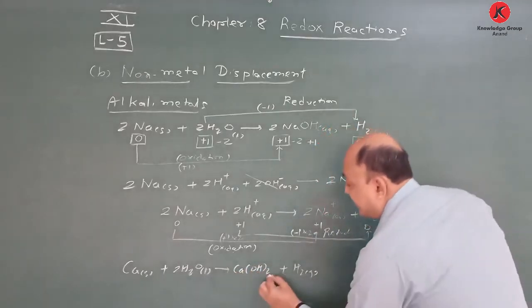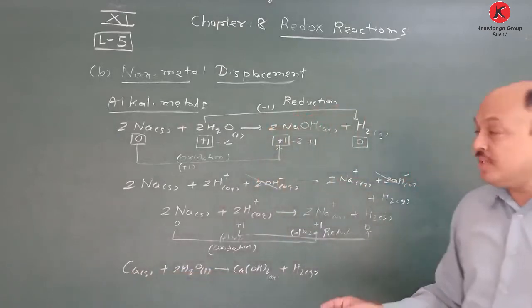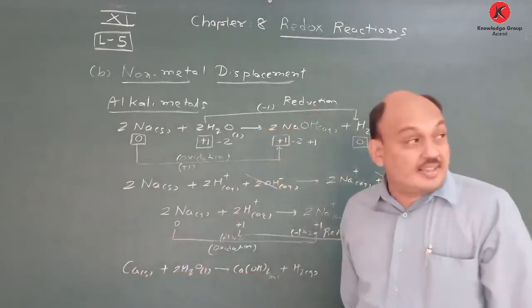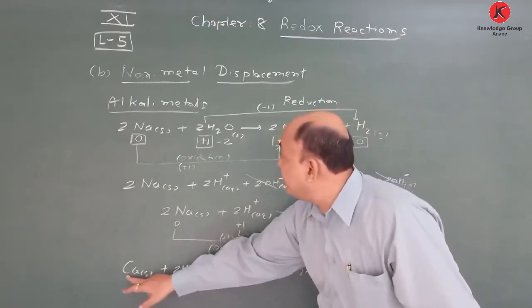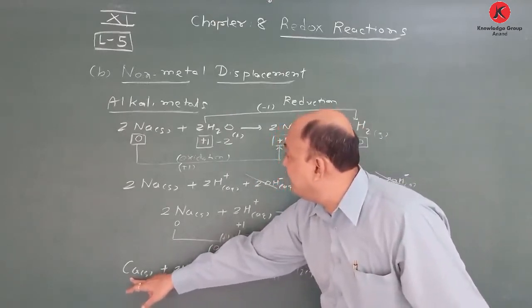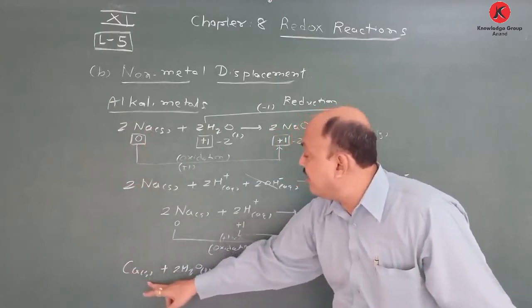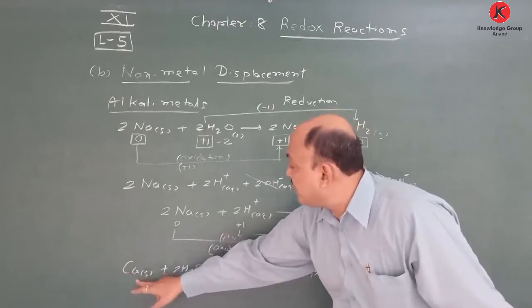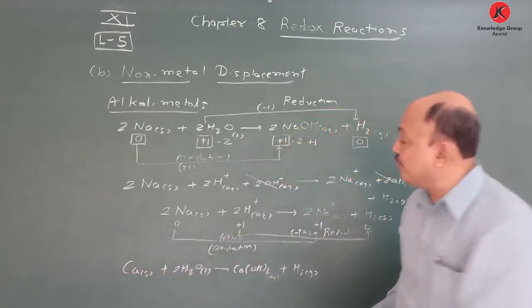CaH2 aqueous, this reaction is given. Find out the oxidation reaction, reduction reaction, which type of reaction it is. Here calcium is considered as an alkaline earth metal. You know this one, this is an alkali metal, and this is considered as an alkaline earth metal. So here calcium with H2 gives CaH2 plus H2.